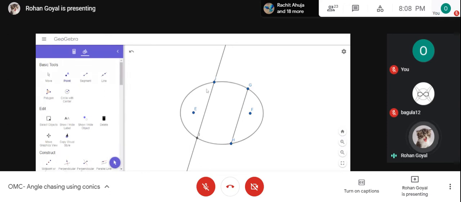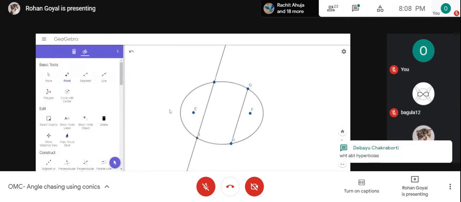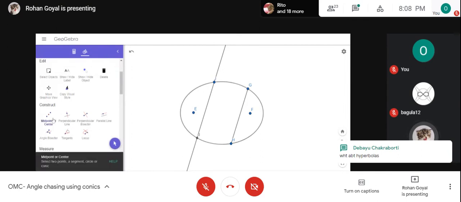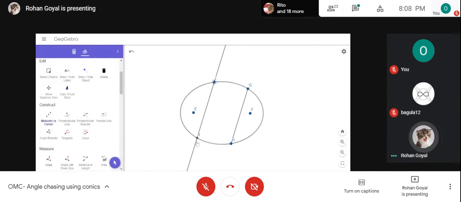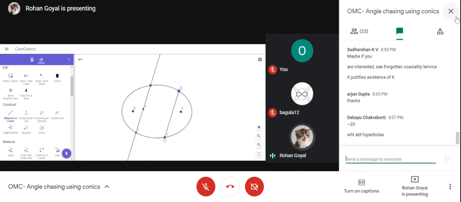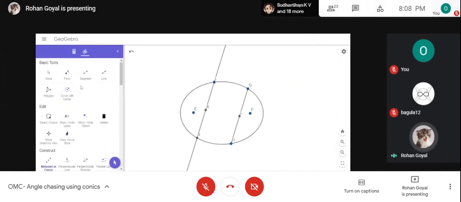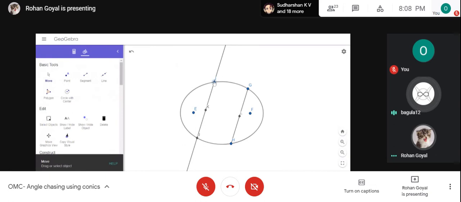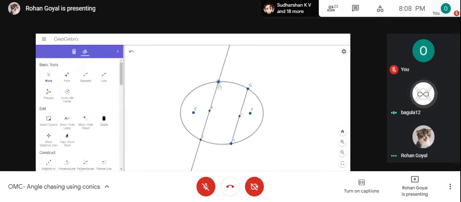These are two parallel chords of the ellipse. The results on the ellipse are pretty similar to the results on the hyperbola, because that is only a limiting case of the ellipse. Ellipse and hyperbola have pretty similar results.